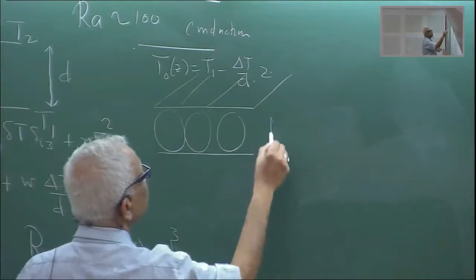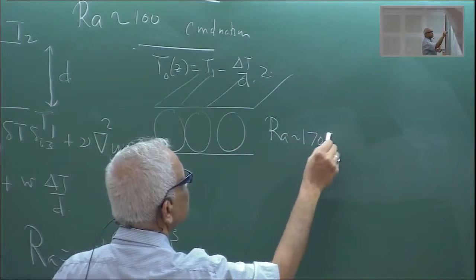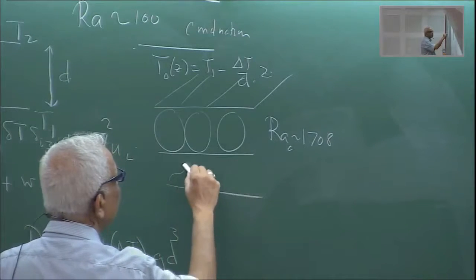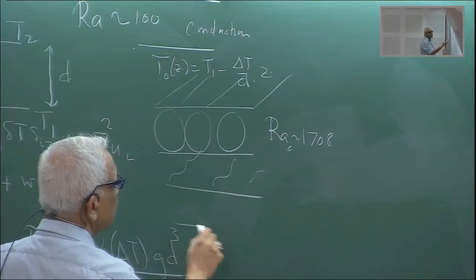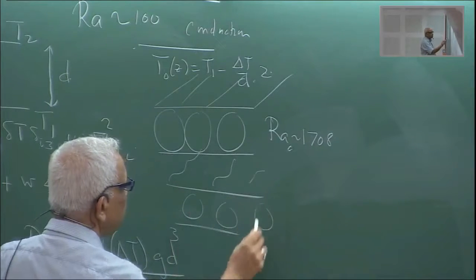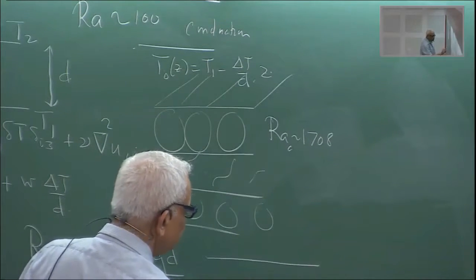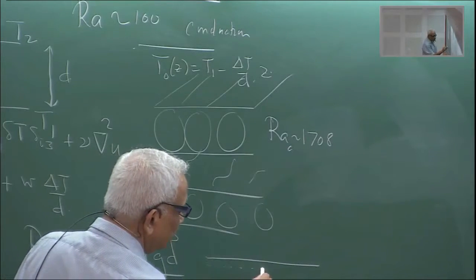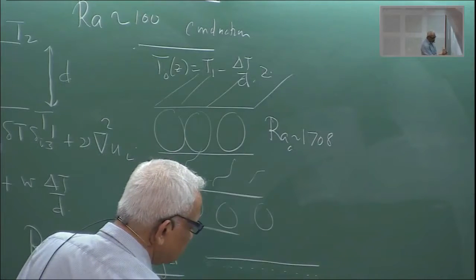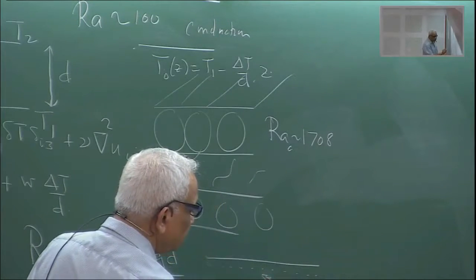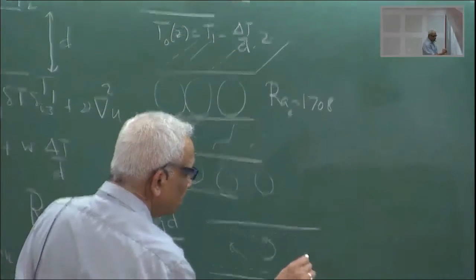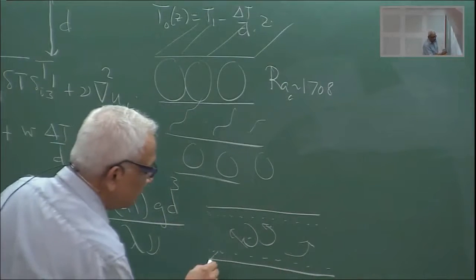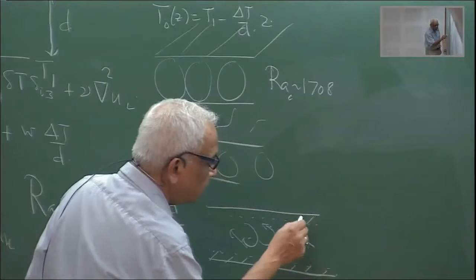So this happens at a critical Rayleigh number, and then to wavy rolls, then these patterns become problematic, to the situation which we finally want to look at, where there is a random velocity field going around in some manner or other, and the temperature is more or less uniform in the middle.